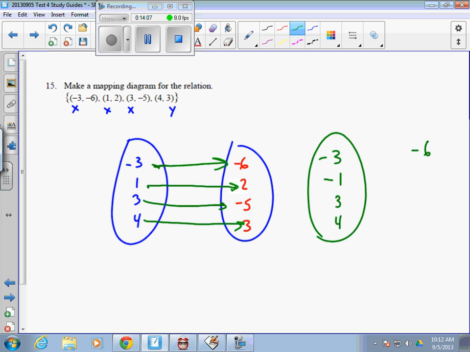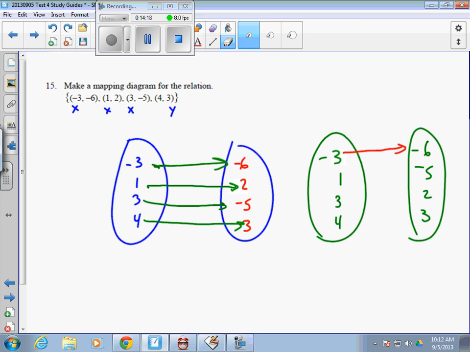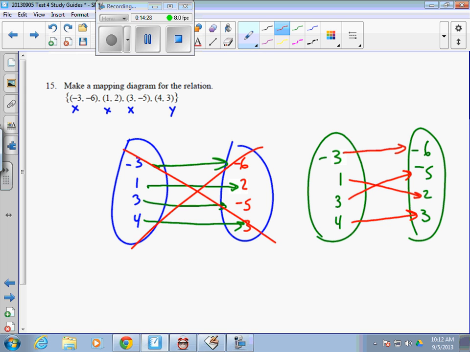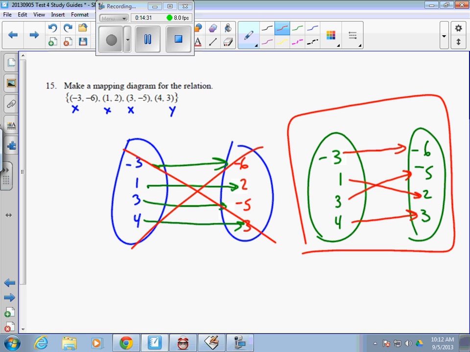Then you should have -6, -5, then 2, then 3. And you'll see the relations. -3 still goes with -6, but that's not supposed to say -1. 1 goes with 2, so it has to go down to this one. 3 goes with -5, and 4 goes with 3. That's the correct. This one's incorrect. This would be your correct mapping.